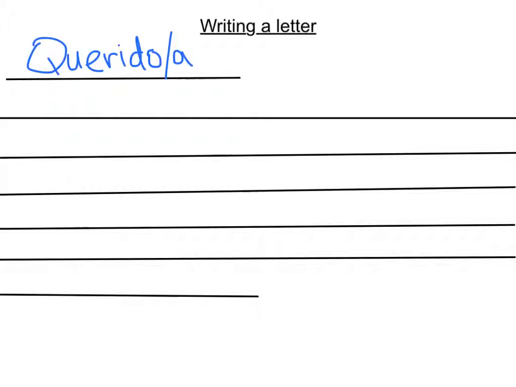So you could say like, oh, querido Jorge. Now, something that's different in Spanish and English is that normally we would put a comma following Jorge's name. In Spanish, they actually put a colon.